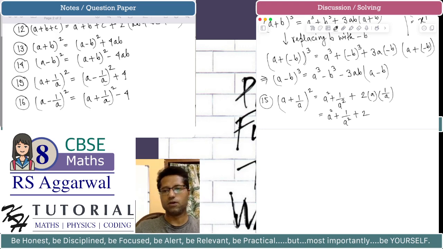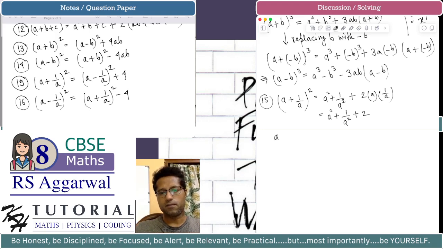So this is one formula, that A plus 1 by A whole square is equal to A square plus 1 by A square plus 2. Similarly, in the notes it is written in a different way, in terms of A minus 1 by A. So if you are given the value of A minus 1 by A, you can find the value of A plus 1 by A, and vice versa.